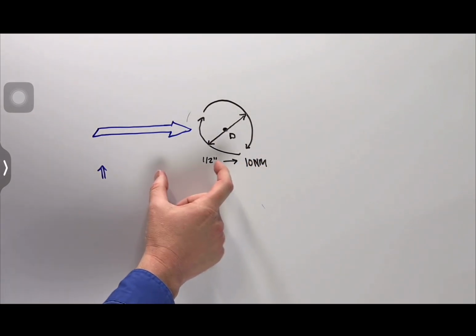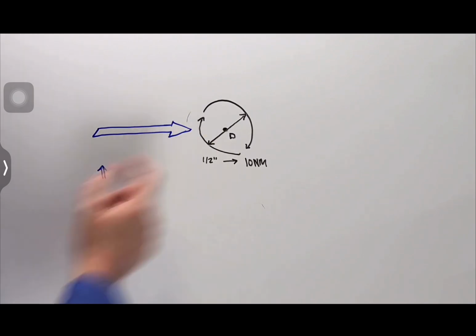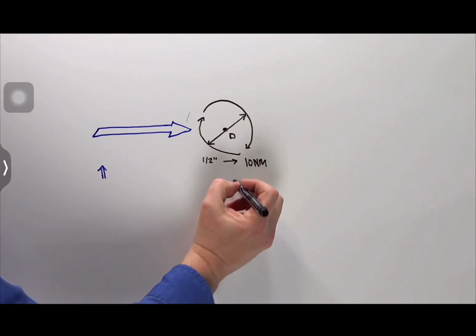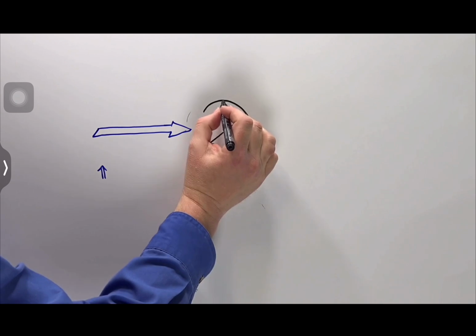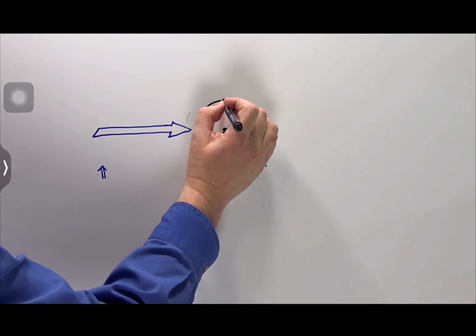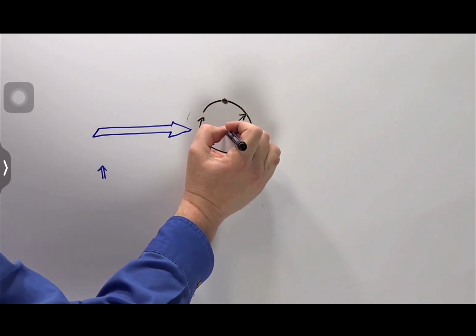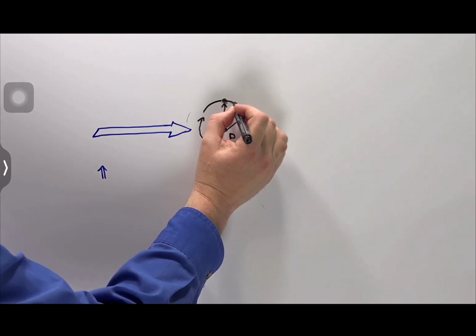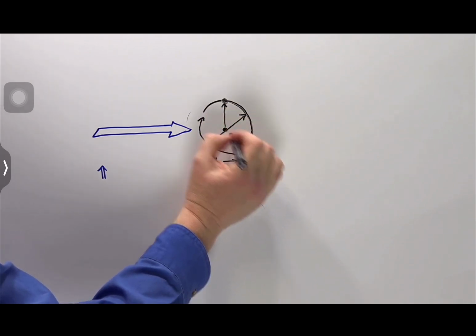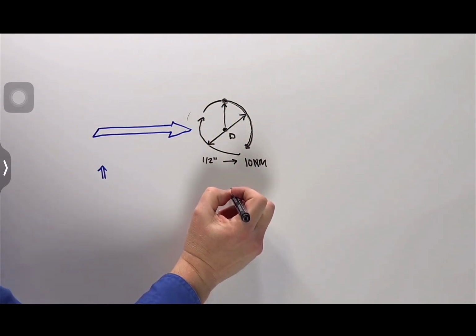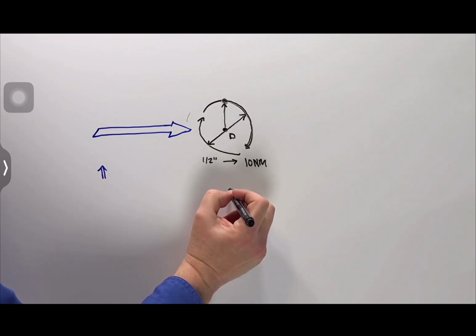So what's going to happen is this eddy, if we were to plot it, imagine the eddy starting here, at that certain radius, and now rotating its way around the center. If I was to plot that, it would start to look something like this.